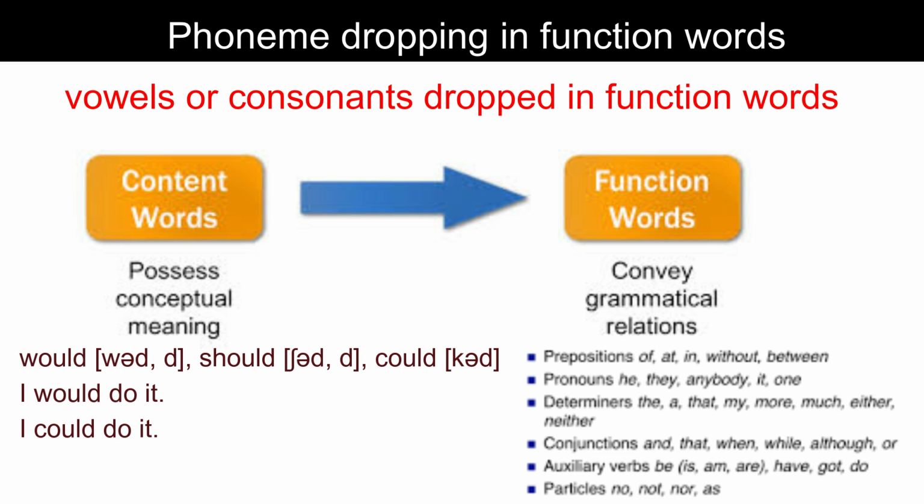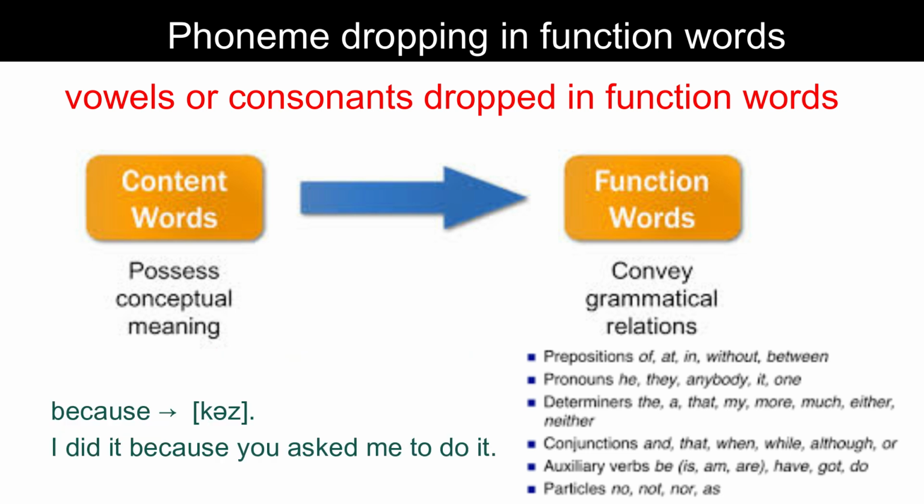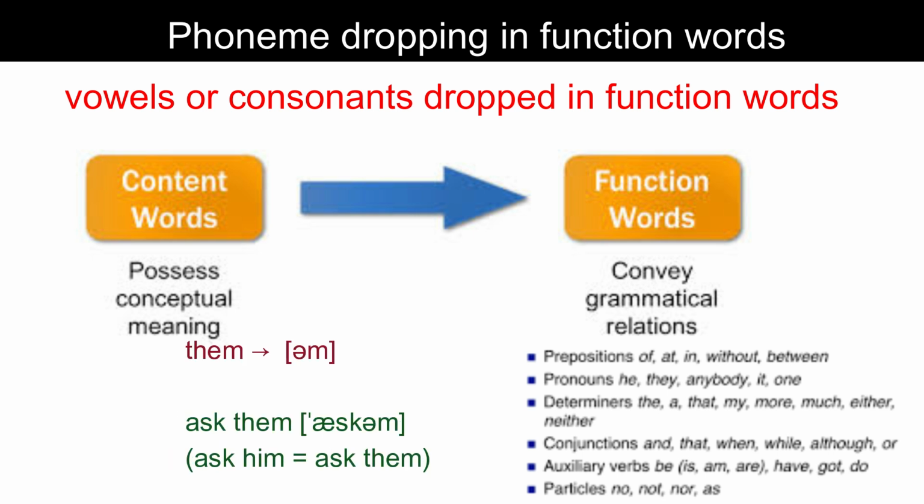I would do it. I could do it. Because is reduced and pronounced as cuz. I did it because you asked me to do it. The pronoun them tends to elide to 'em after consonants. For example, ask 'em.